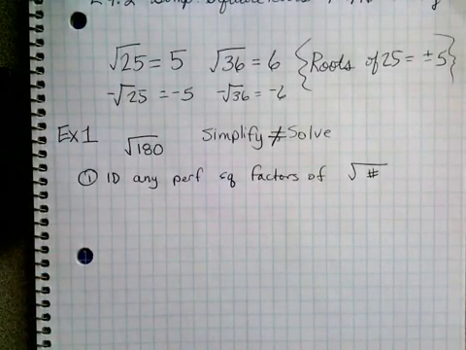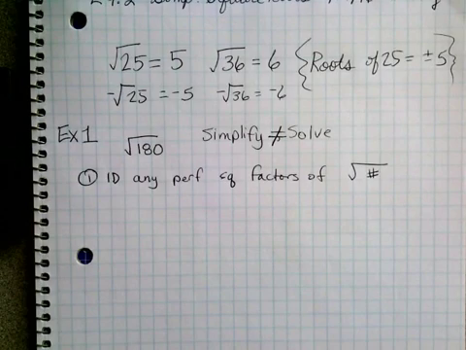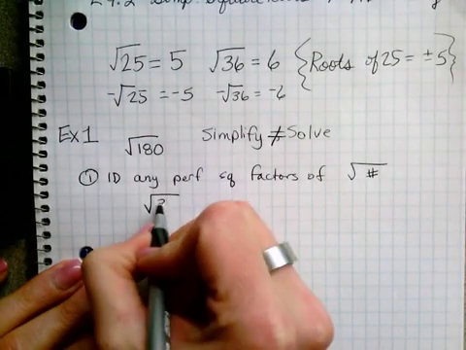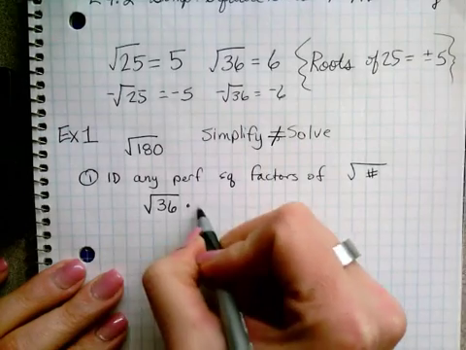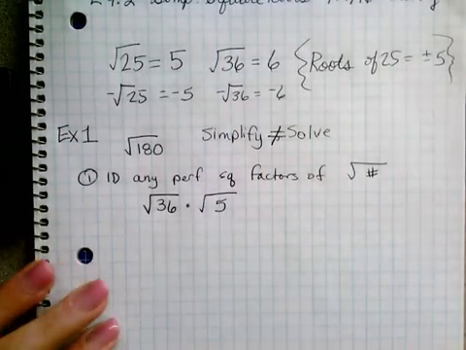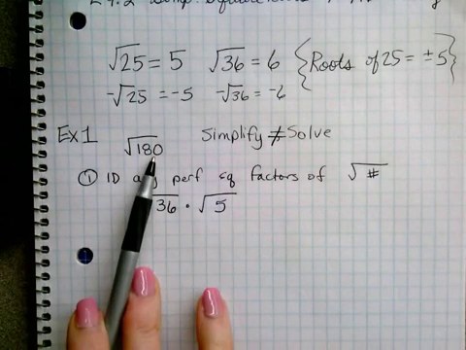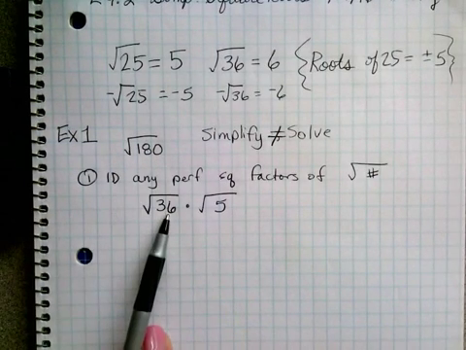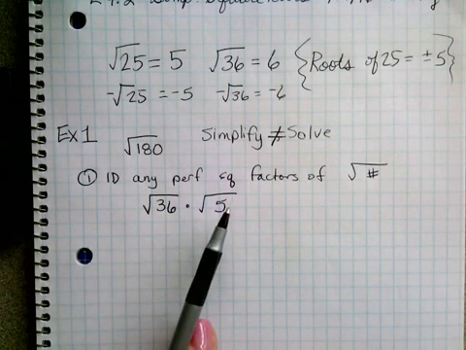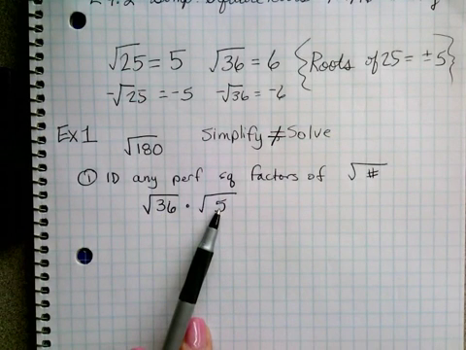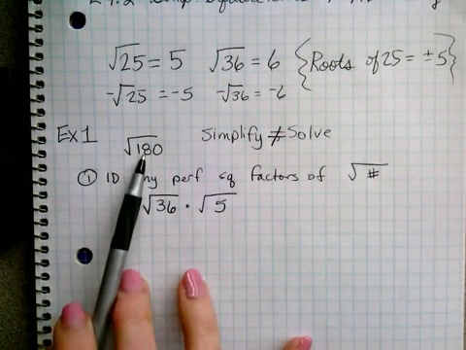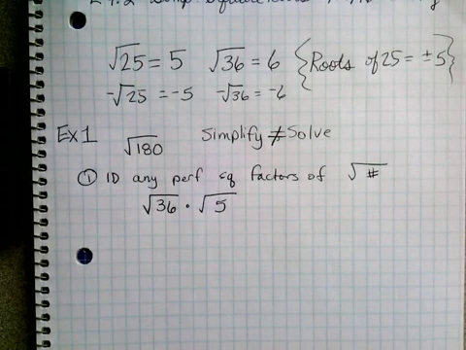Happens to be 180. 180 is a factor of 36 and 5. Therefore, 36 times 5 is 180. Well, then the square root of 36 times the square root of 5 is the square root of 180. You see how I'm tracking this?